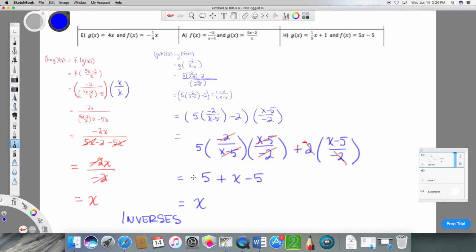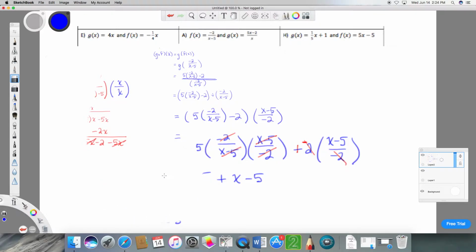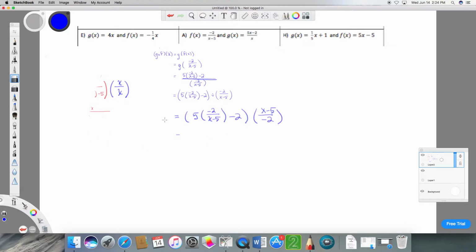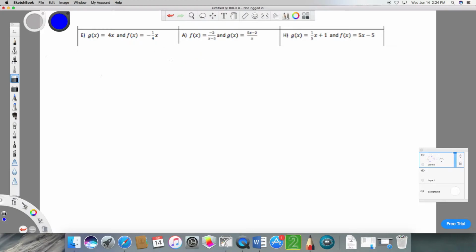All right, so let's do this last one. It's the same idea that we've been doing for all of these problems, and that's to find F composed with G and G composed with F. If we find this composition, we're using these two functions F and G to build a new function.